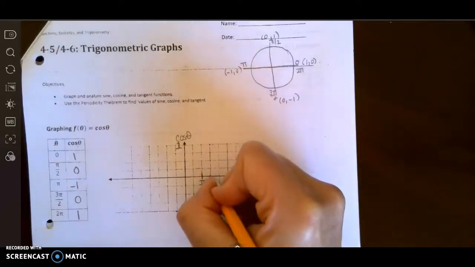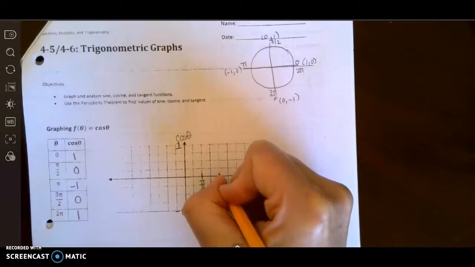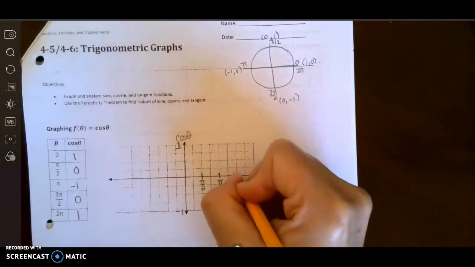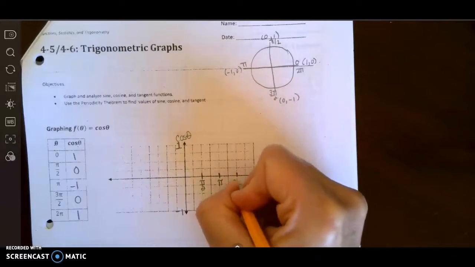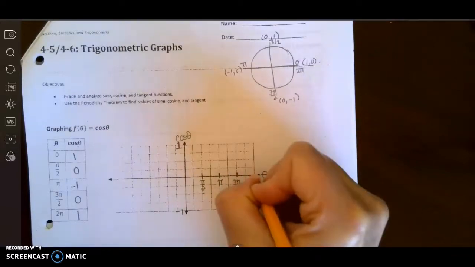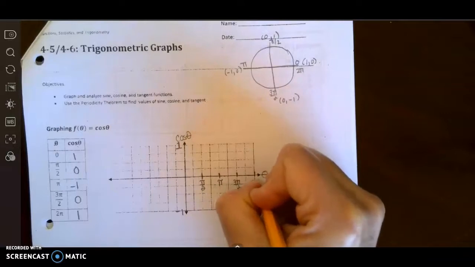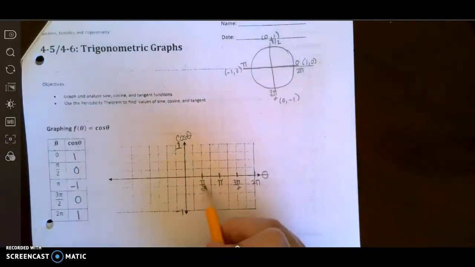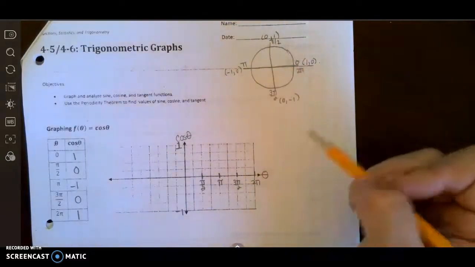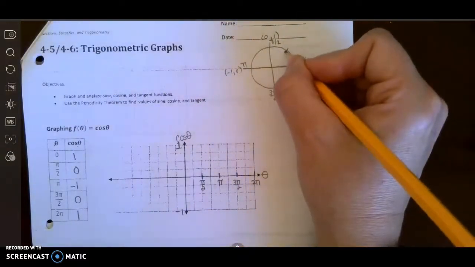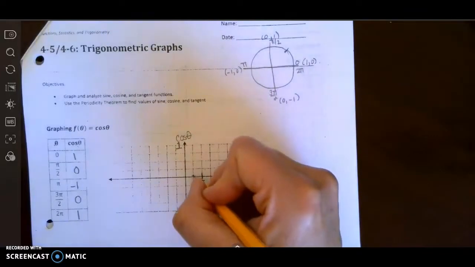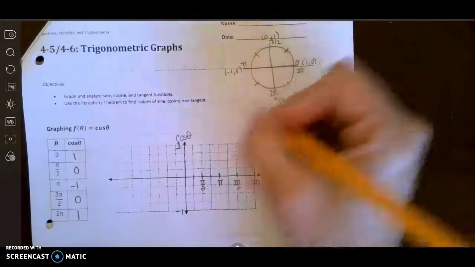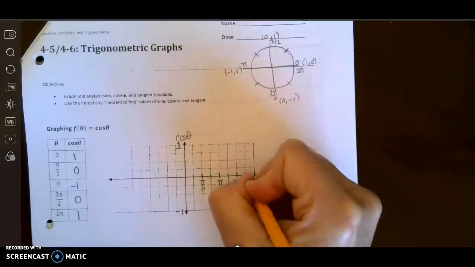So this would be 3/4 pi, this would be pi, and then this would be 3 pi over 2, and this would be 2 pi. So every 2 marks is one of the corners of the unit circle. And then think of halfway as those in-betweens. Those are my quarters, here, here, and here.